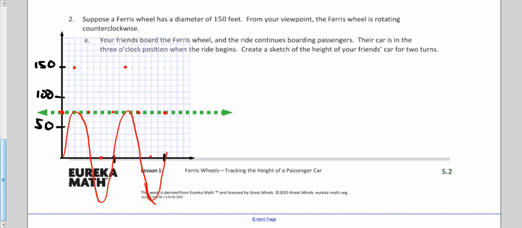Here, I'm 75 feet above the center of the Ferris wheel. Here, I'm at 0 feet above or below the center. Here, at negative 75, I am 75 feet below the center of the Ferris wheel. Do we see how moving this thing down changes our perspective of the Ferris wheel? Okay.